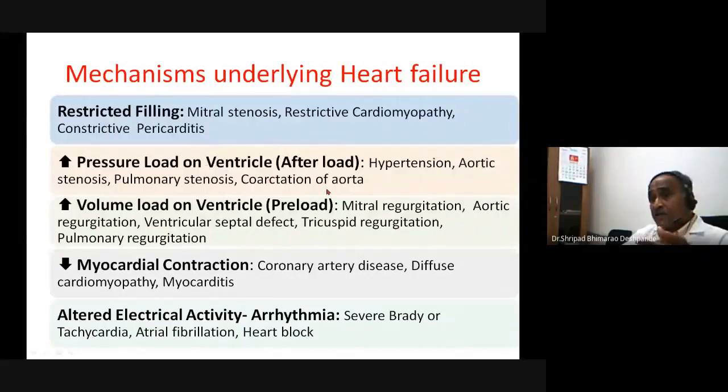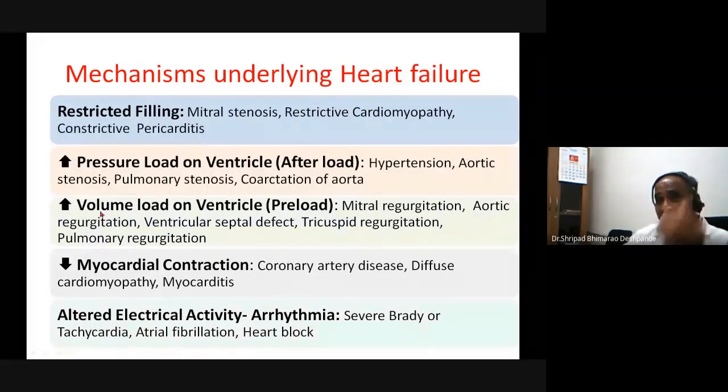Then another thing, coarctation of the aorta, a sudden narrowing of the aorta, which may be a congenital disease. They all produce afterload. That means when the ventricle starts contracting, there is a very severe load.